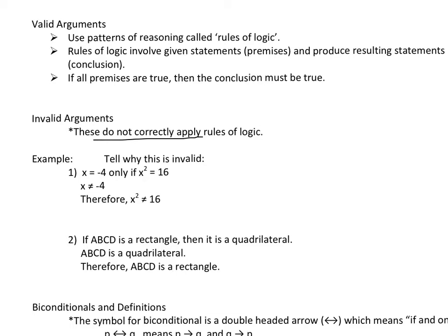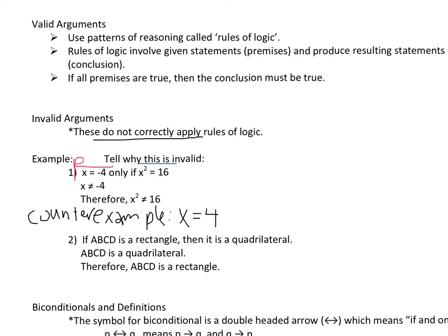Now, I initially look at this and think of a counterexample, and that can be one of the first tip-offs to know that this must be an invalid argument, because I think, well, what if x had been 4? X squared then would equal 16. So there's something wrong here. Let's look at what they were trying to apply and how they did it incorrectly.